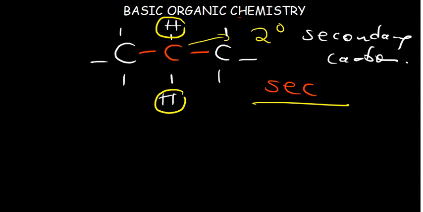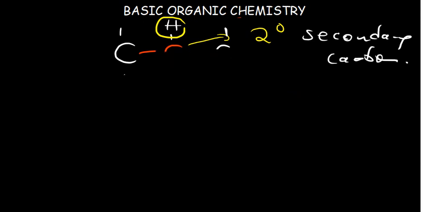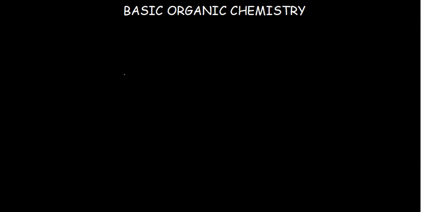Now let's move to the other one. From secondary, it goes to a carbon atom that is connected to three other carbon atoms. It will just be one hydrogen atom, and the rest will be carbon atoms.